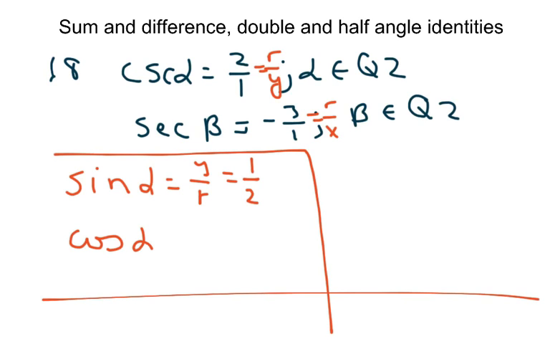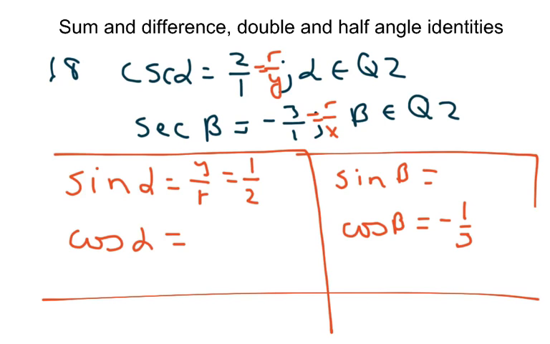And for this side, we need sine of beta and cosine of beta. Cosine of beta is x over r, which is going to be negative 1/3. So what we're missing is cosine of alpha and sine of beta.